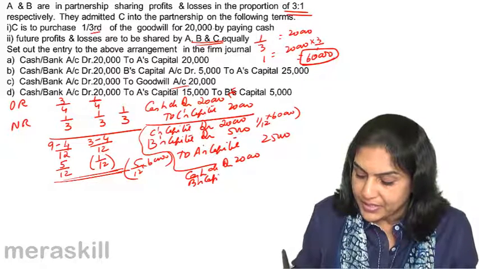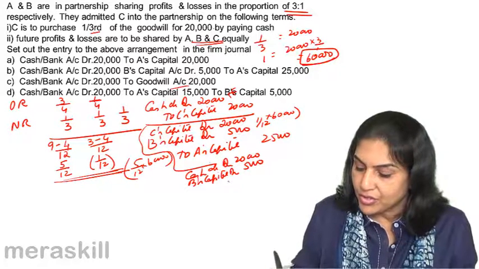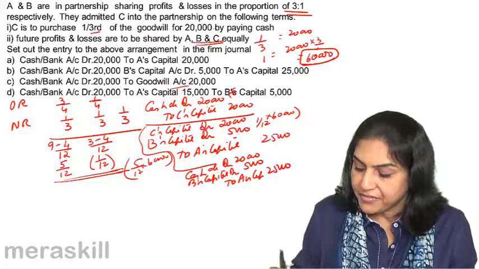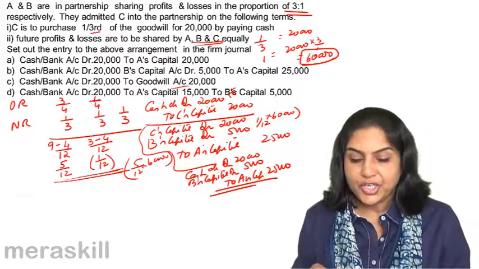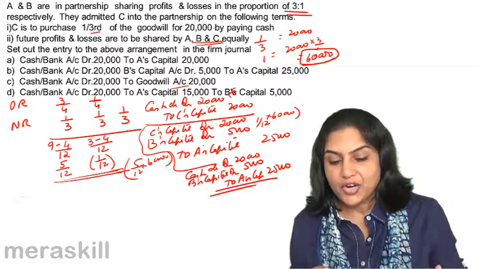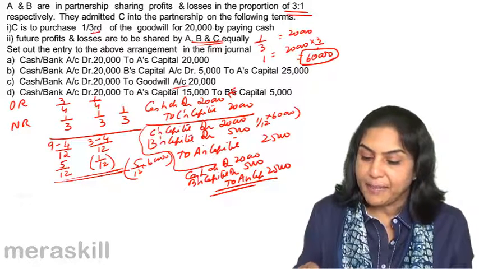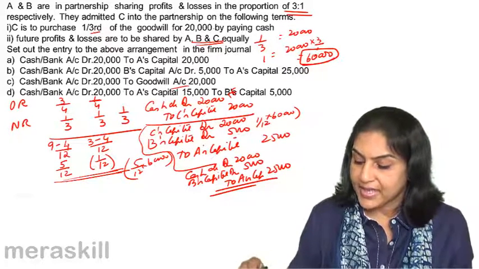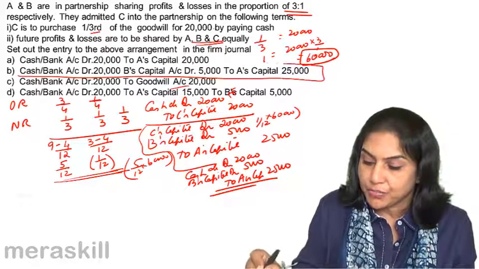Let us look at the options. All the options have cash account debit 20,000. B's capital account has been debited with 5,000 and A's capital credited. So option B seems to be the correct option.